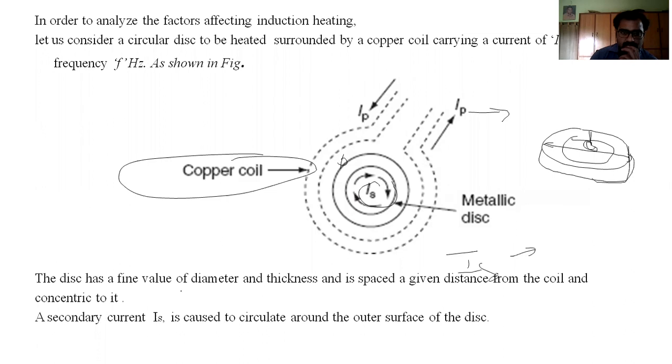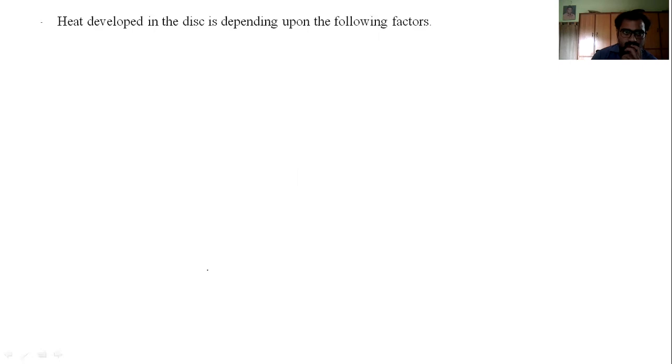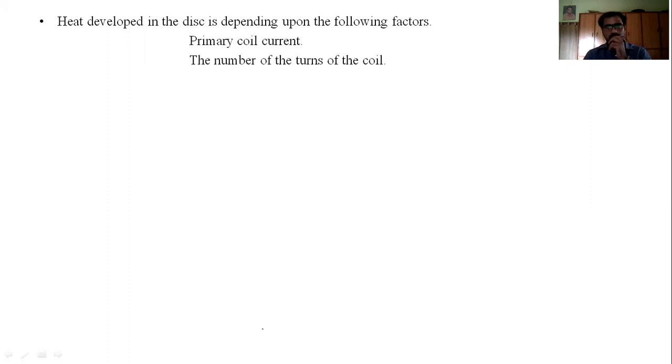These are the things which have been written here. Whatever heat is developed in the disk by the electromagnetic action, that is through mutual induction from the copper coil, depends upon the following factors: oxidization time, primary coil current, number of turns of the coil, and the supply frequency.